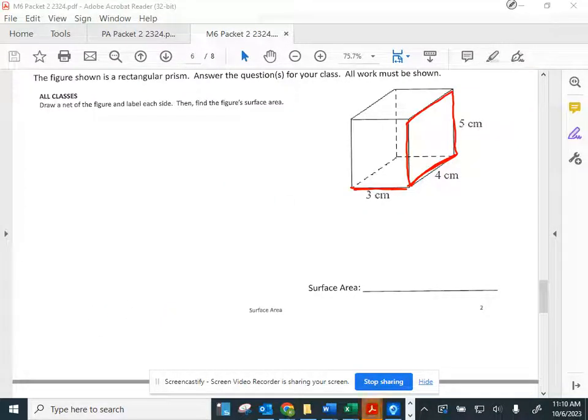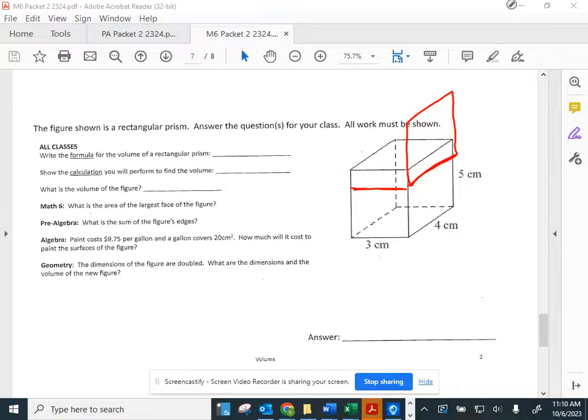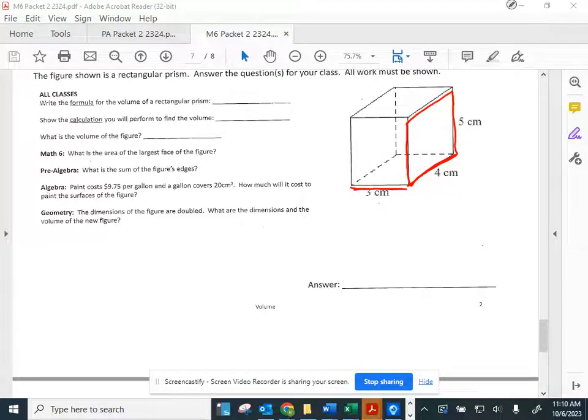And this time we need to find the volume of it. To find the volume of a rectangular prism, everybody has to write this formula down. The volume for a rectangular prism is length times width times height.